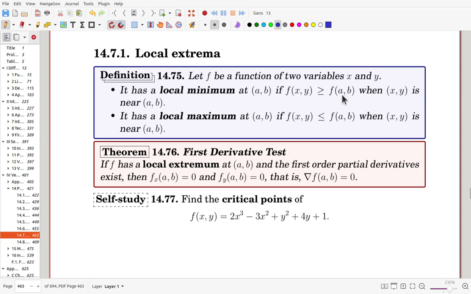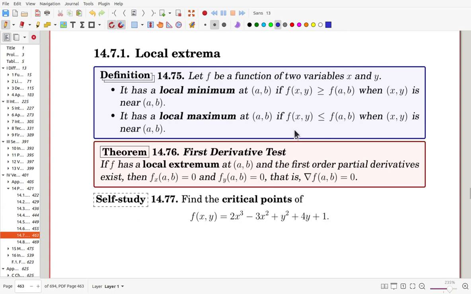Then we say that is the local minimum value. If f of (a, b) is locally maximum, then that is the local maximum value.